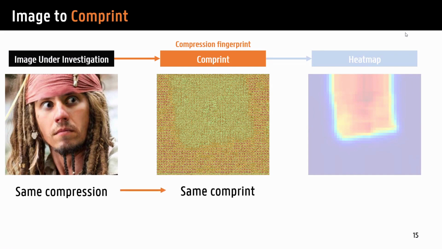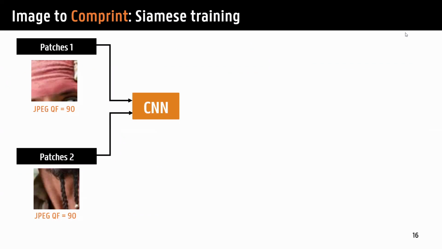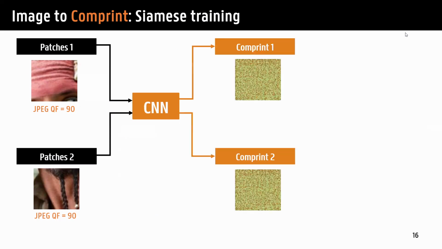The thing here is, we want to have the same Comprint if the same compression happened, and we want to have a different Comprint when a different compression happened. And this we can do using Siamese training. So in Siamese training, during training, we feed a couple of patches to a CNN. And then the CNN will output a Comprint, or 2 Comprints in this case.